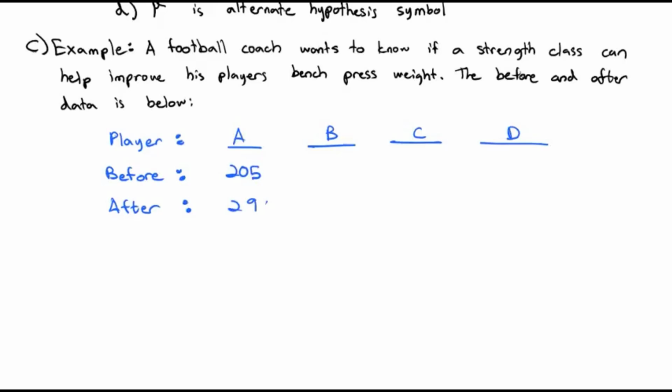After, A benched 295. That looks pretty good. Before the class, B benched 241. After, B benched 252. Not as dramatic, but still an increase. C benched 338 before the class and 330 after the class. C went down a bit. And D benched 368 and afterwards benched 360.